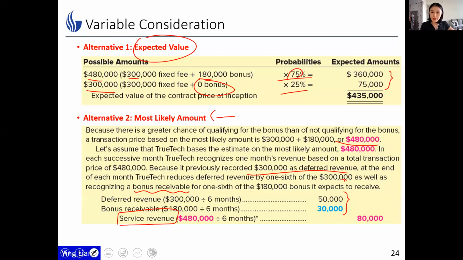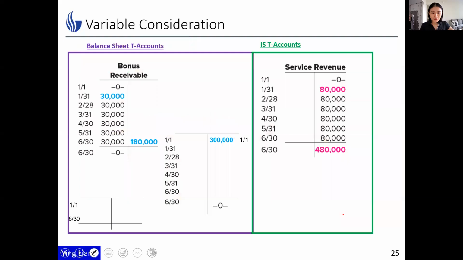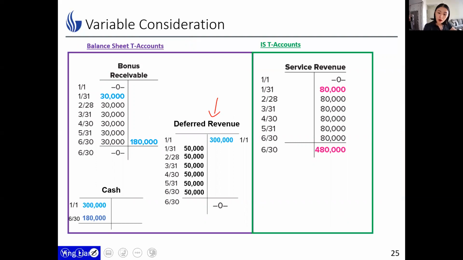Transferring it to T accounts for better visualization. We have deferred revenue at first when we receive cash. On January 1st, this is the transaction. We received $300,000 upfront, and I put a debit on cash, which is the left-hand side, and a credit on deferred revenue.